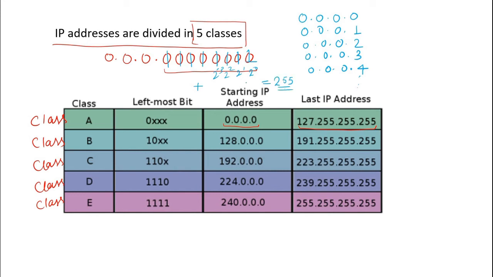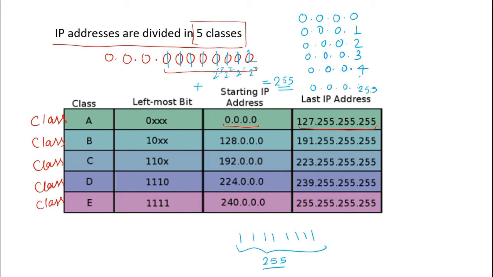If you don't trust me, you can try it yourself. Just take an 8-bit binary number and calculate its decimal value. It will come out as 255. So the maximum number we can go up to in an octet is 255. So that will be 0.0.0.255.